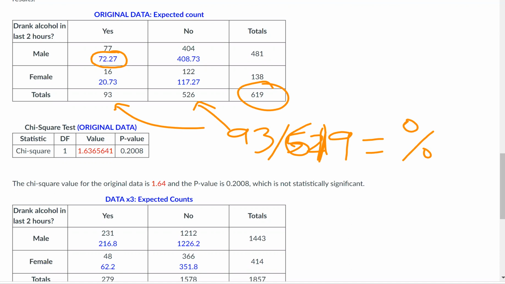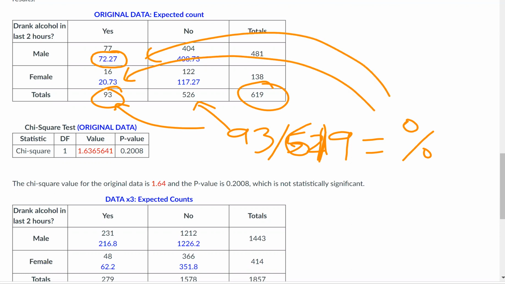We expect that's the percent that will say, yes, I have had a drink for the total number of people. So we expect that percent to be the same here and here, kind of. Anyway, we put that data in, and the chi-square test statistic and the p-value are brought in here as well. So we got a p-value of about 0.2008. That's for the original data.